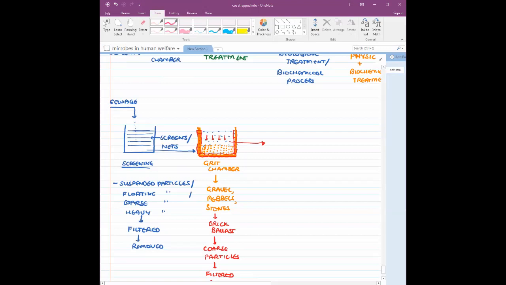So once again, water from here is going to go into your sedimentation tanks. Whatever we did in the preliminary treatment was done in a fast manner, so sometimes there is a possibility that some particles may skip through. So now you are going to go into your primary treatment.